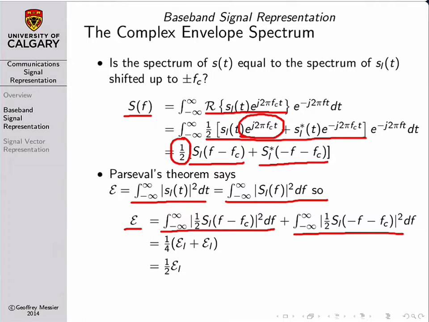We take the energy of those two components, we add them together, and we get the energy of the complex envelope signal, again with this factor of 1/2 in front of it.